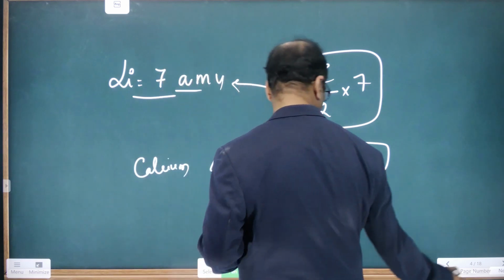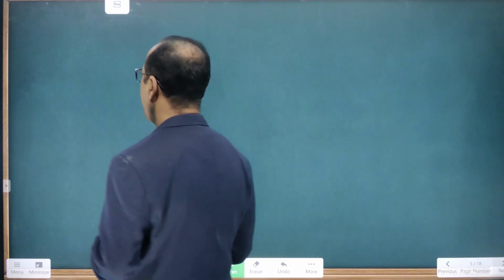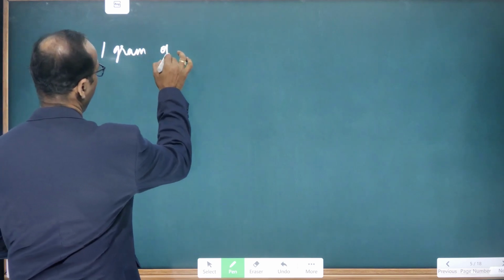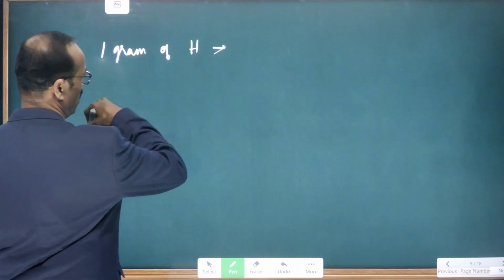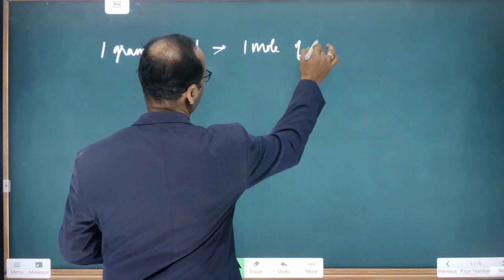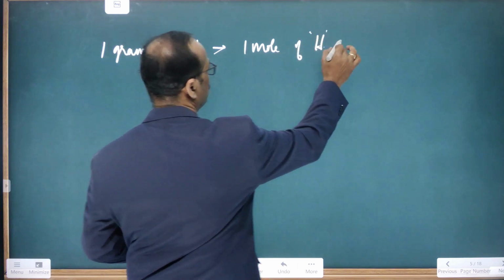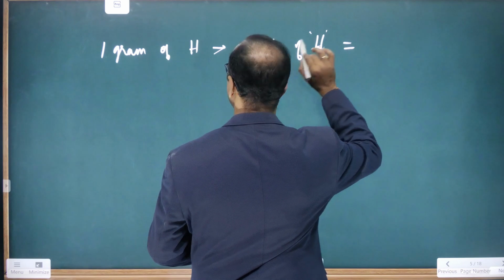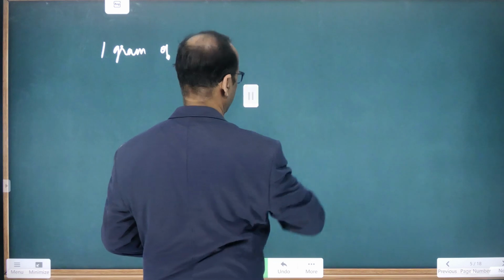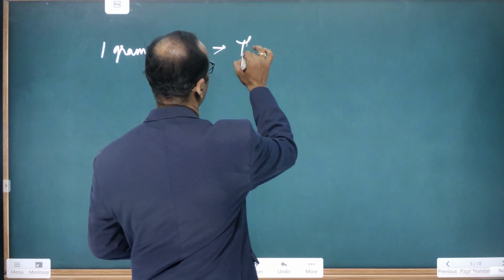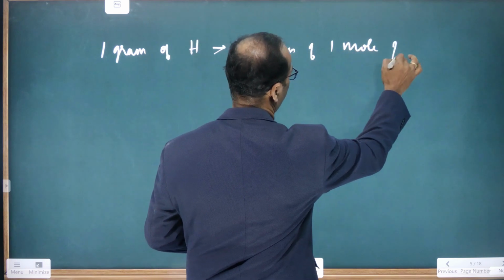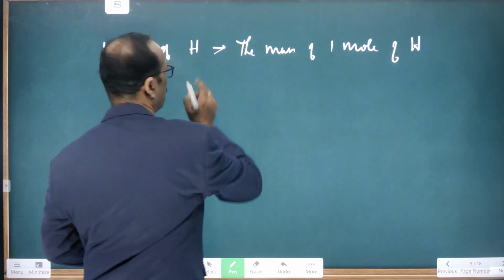Similarly, if you say 1 gram of hydrogen, it means the mass of 1 mole of hydrogen is equal to 1 gram.